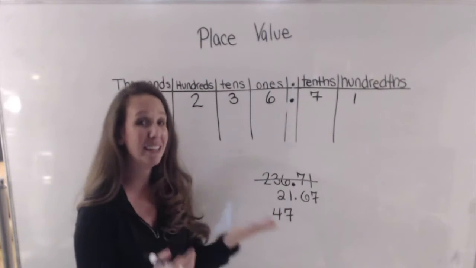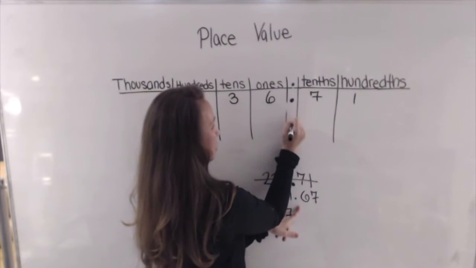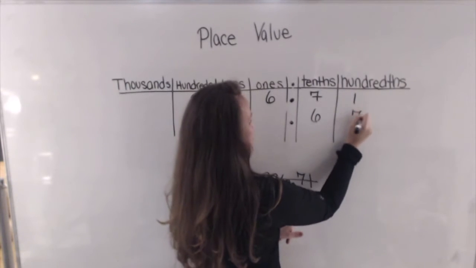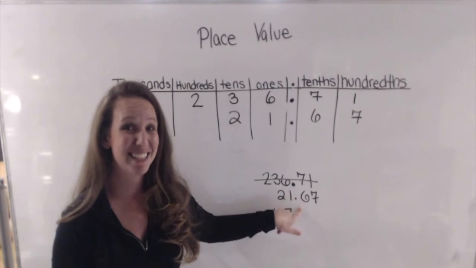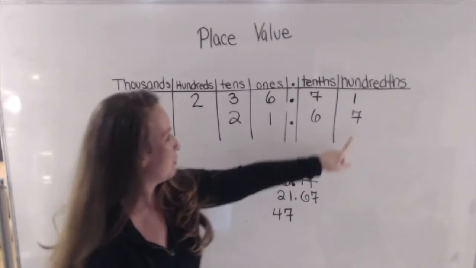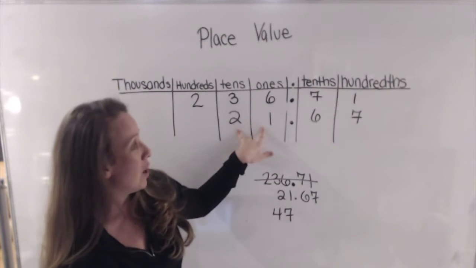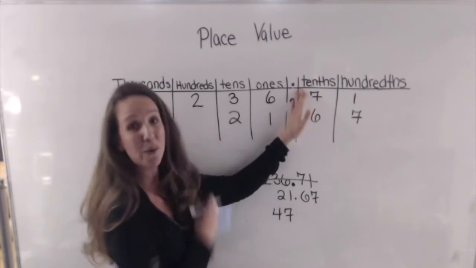And in this problem, 21.67. Well, let's line up our decimal place, the most important thing. So decimal place goes there. 6, 7, 1, 2. Where is my 7? What value? Hundredths. So we have 21, and we read it as if it was before the decimal place, just 21.